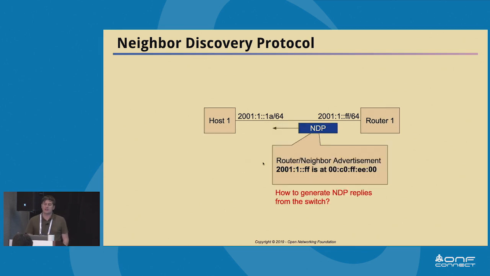Here we expect the router to reply with its own MAC address. So the question you will try to answer during exercise 4 is how to generate these NDP replies from the switch.